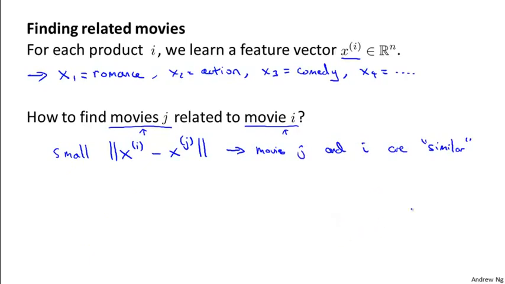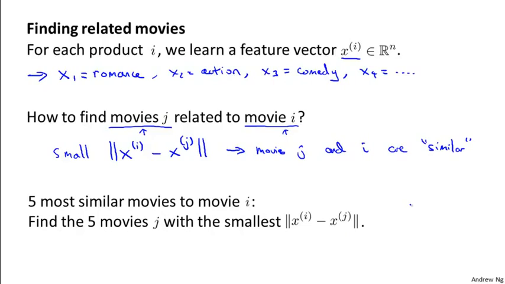So just to recap, if your user is looking at some movie i, and if you want to find the 5 most similar movies to that movie in order to recommend 5 new movies to them, what you do is find the 5 movies j with the smallest distance between the features of these different movies. And this could give you a few different movies to recommend to your user.